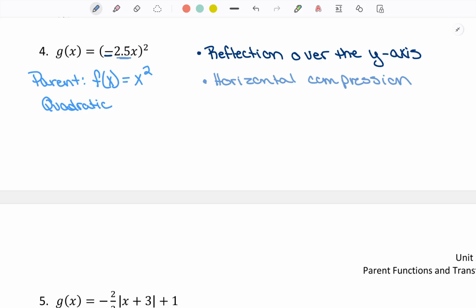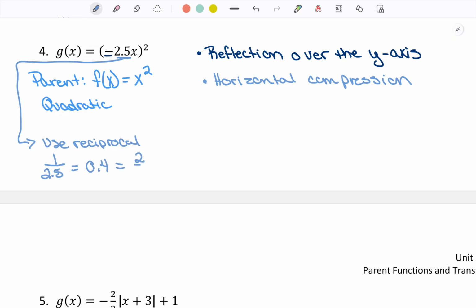And then we need to flip that number over in order for it to be described correctly. So we would need to use the reciprocal. And so we'd have 1 over 2.5, which as a proper fraction or a decimal would be 0.4, which is actually 2/5.